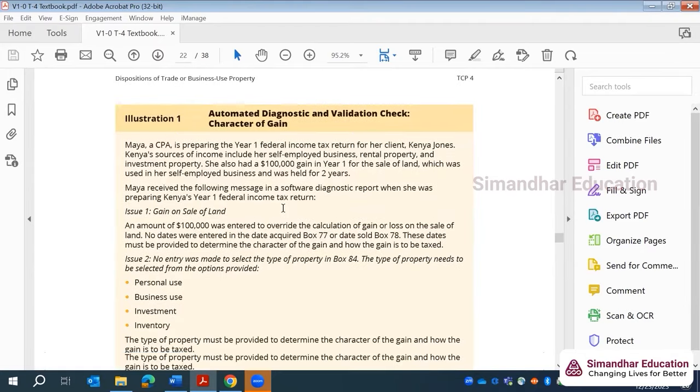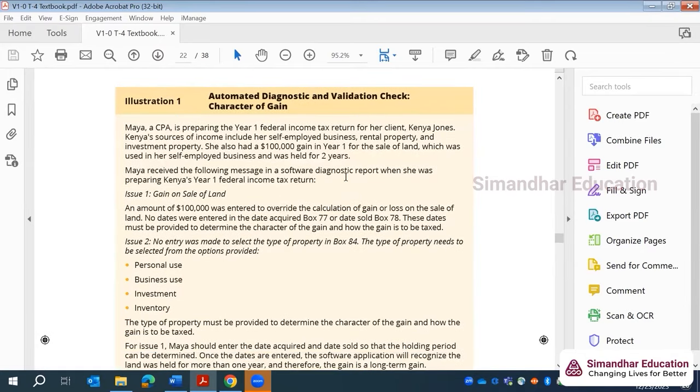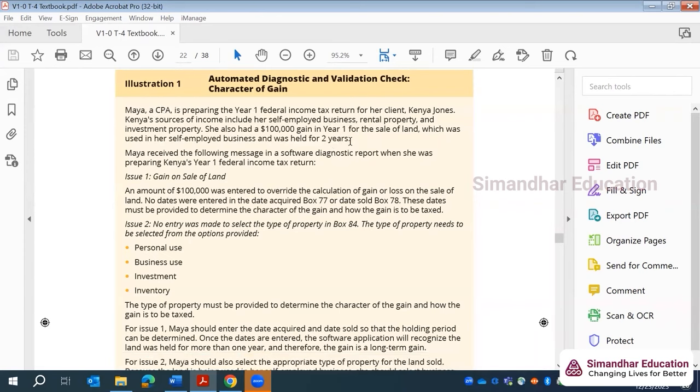All right. Now we look at the illustration that is mentioned here. Maya, a CPA, is preparing the year 1 federal income tax return for her client, Kenya Jones. Kenya's sources of income include her self-employment business, rental property, and investment property. She also has a $100,000 gain in year 1 from the sale of land, which was used in her self-employment business and was held for 2 years.